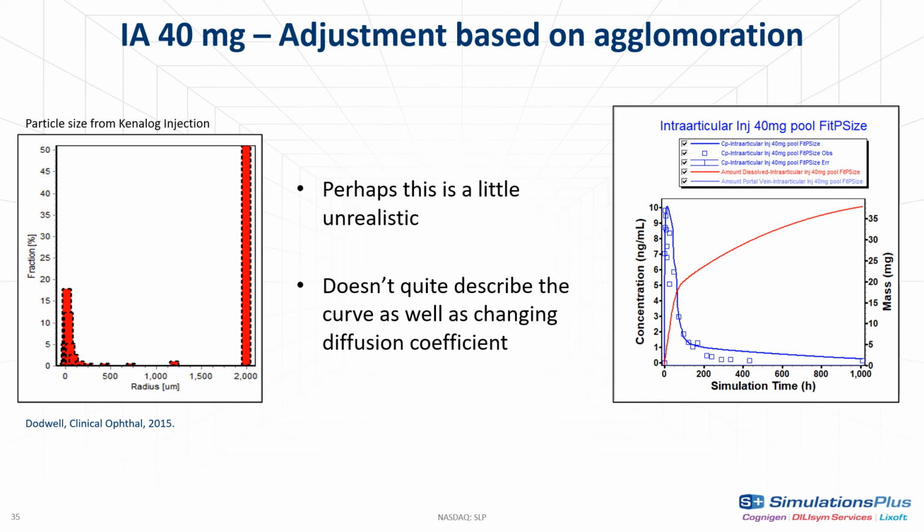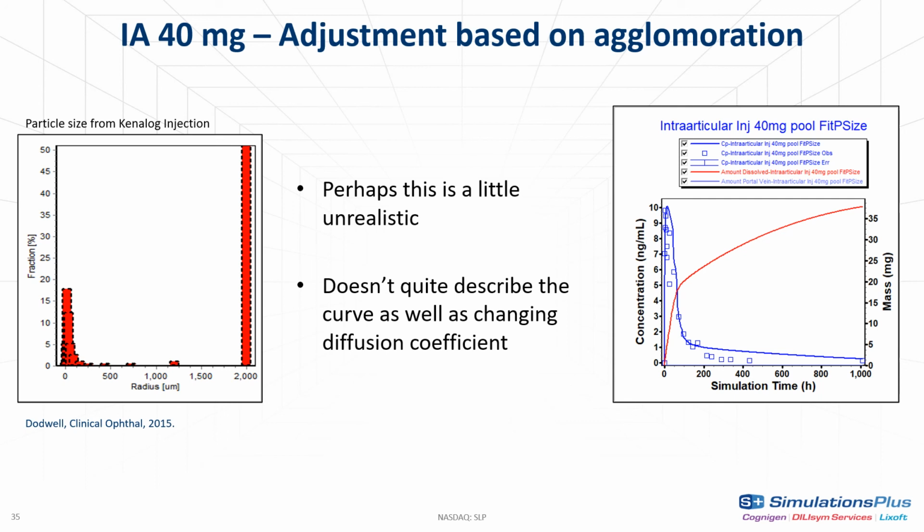So to model this, we adjusted the particle size distribution until the model results matched the experimental data. We were able to match it, as you can see here. However, in order to get a match, it required about 50% of the total undissolved drug to be agglomerated into the equivalent of 2,000 micron particles.